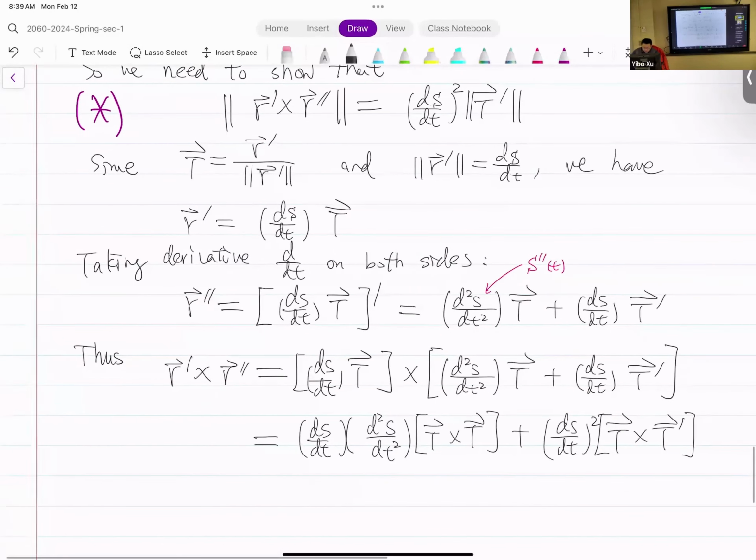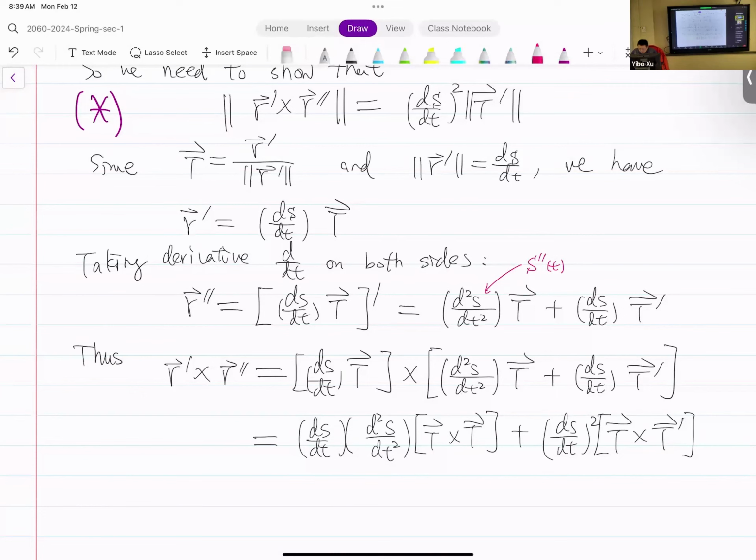Okay, so although this part is kind of complicated, T cross T itself is going to give you a vector crossing with itself gives you the zero vector. So that's going to be gone, and this thing does not really occur in the calculation.